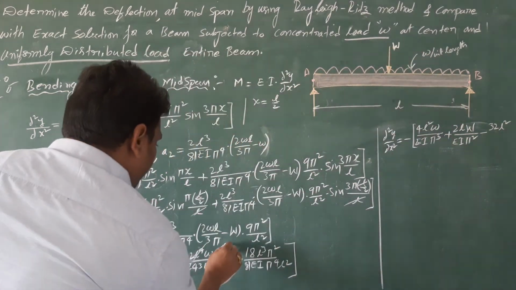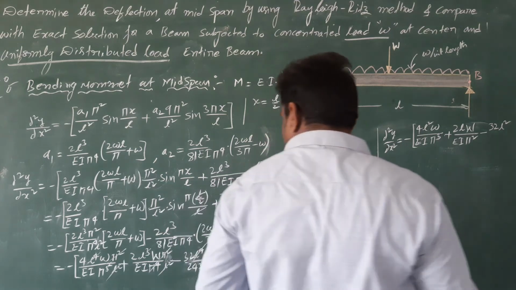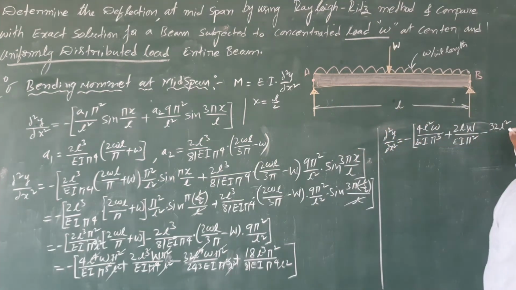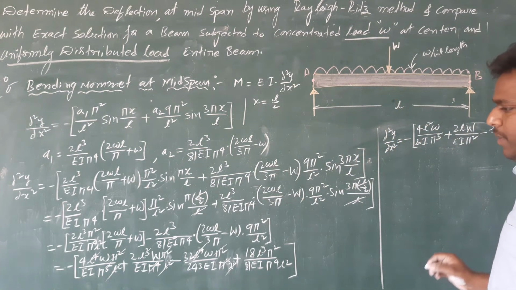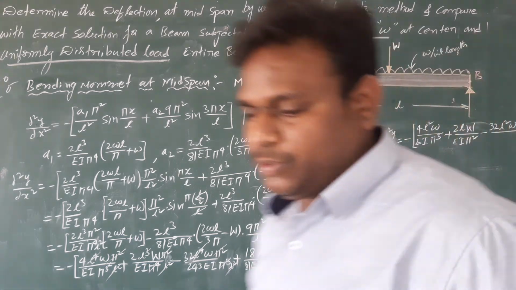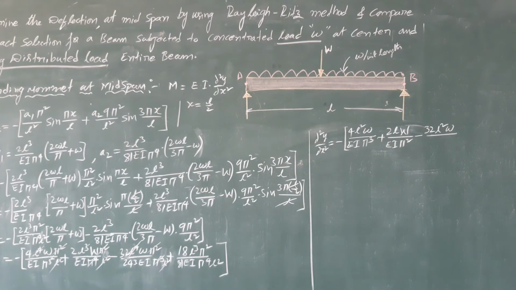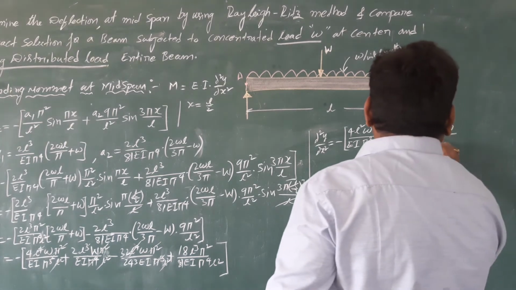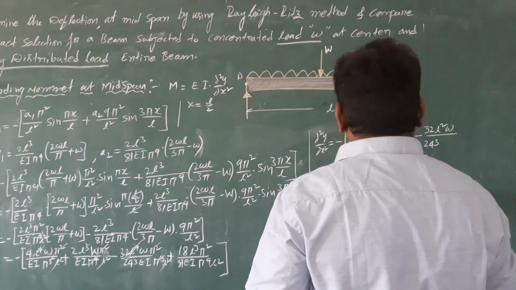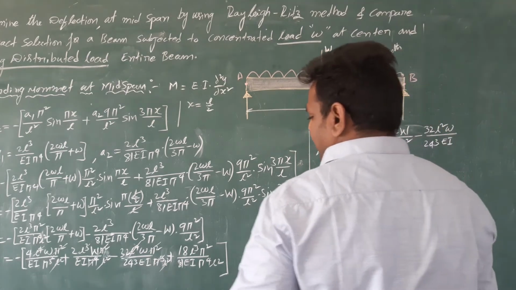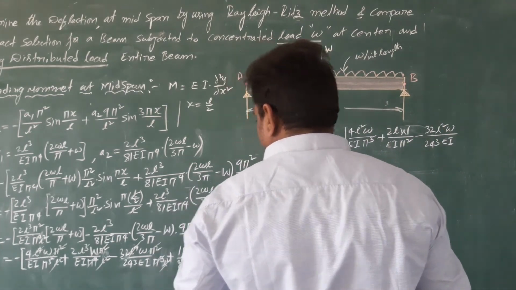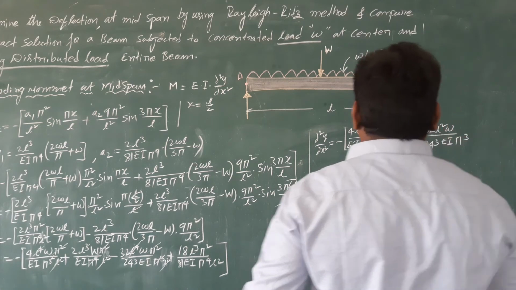Next one pi 3 times cancel, W small w divided by, I will show you, 32 L square W by 243 EI pi cube, only pi cube. Okay.